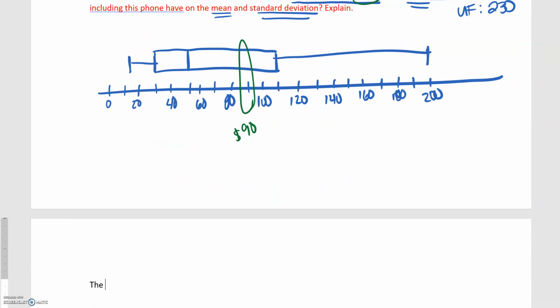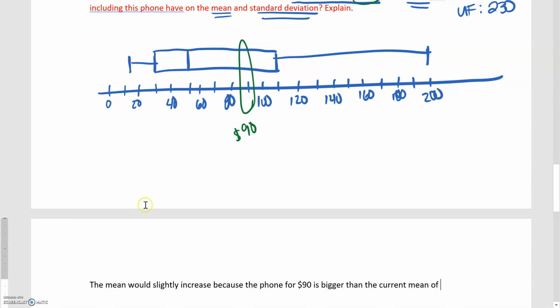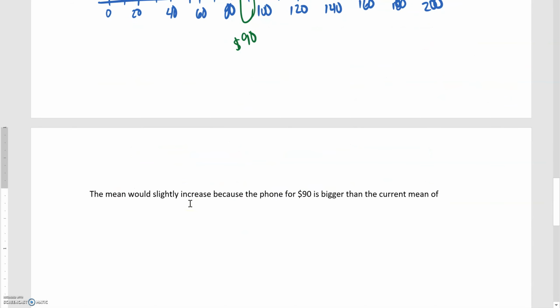The mean would slightly increase because the phone for $90 is bigger than the current mean of, what was the value, 71.75.